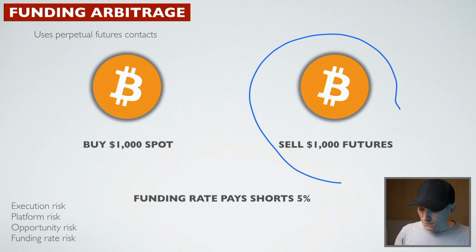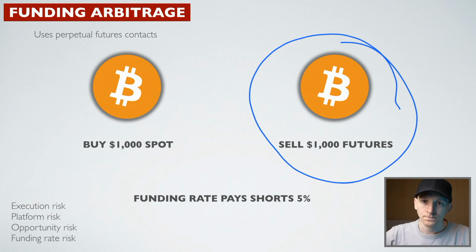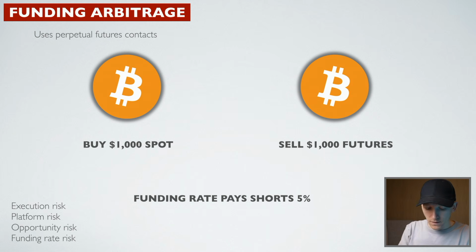Well, in crypto, the futures market pays something called a funding fee. Funding fee is something that is either paid or received. If you sell short, you can receive funding. Sometimes if you sell short, you actually have to pay funding as well. This is one of the risks of the strategy: the funding can either be paid or received.